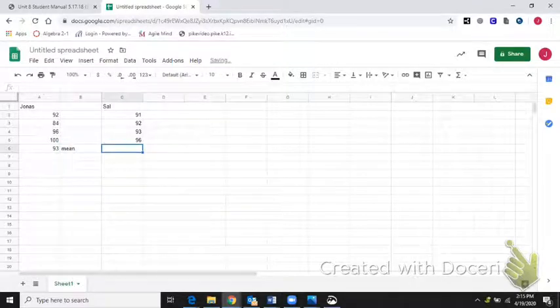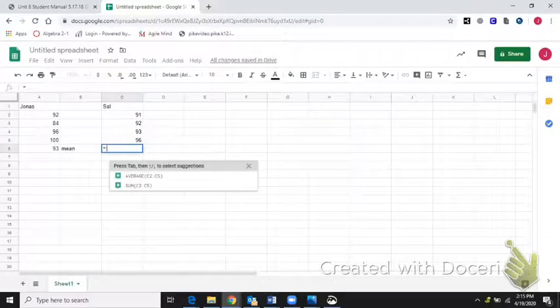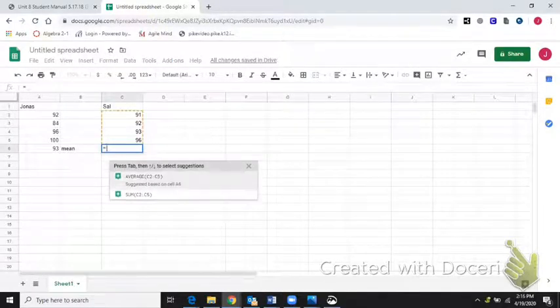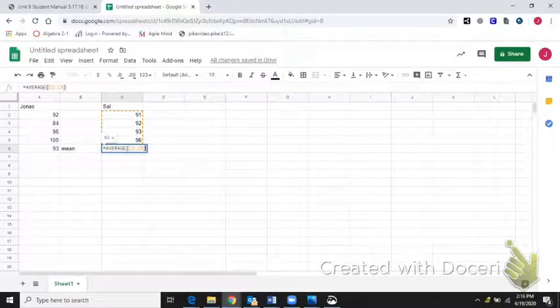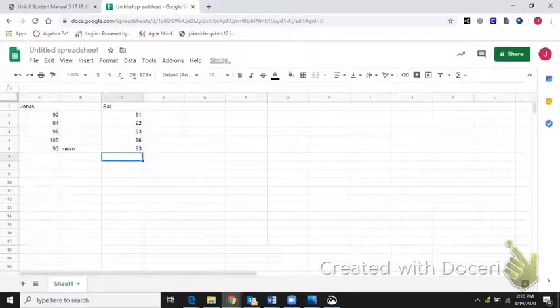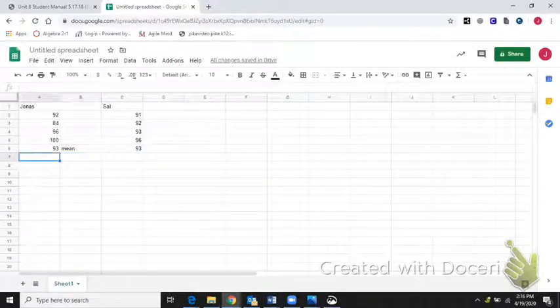We're also going to calculate the mean score for Sal the same way. I'm going to go ahead and use my suggestion there and push enter. Notice they actually have the same mean score. So we're going to look at our standard deviation. We can also do that using our Google Sheet.